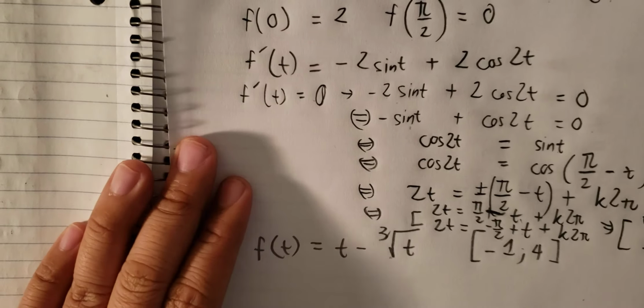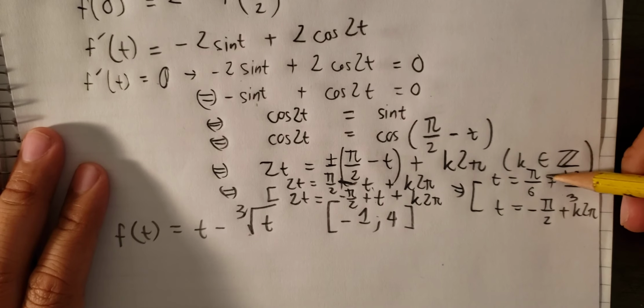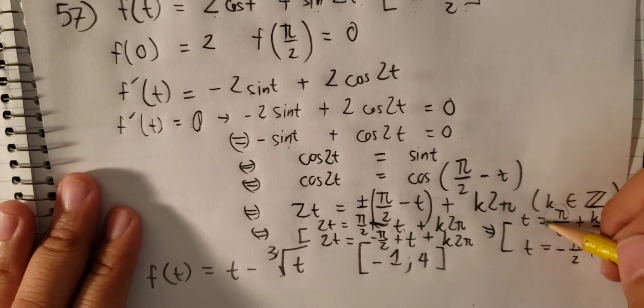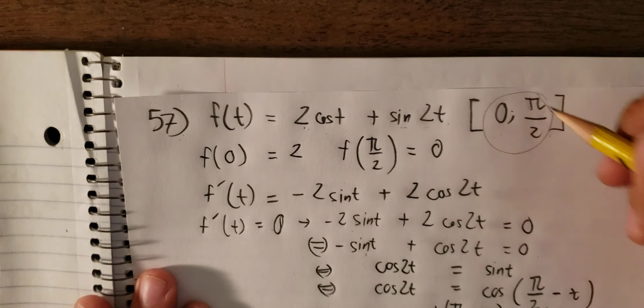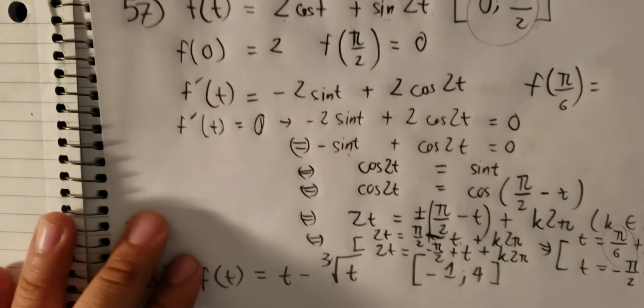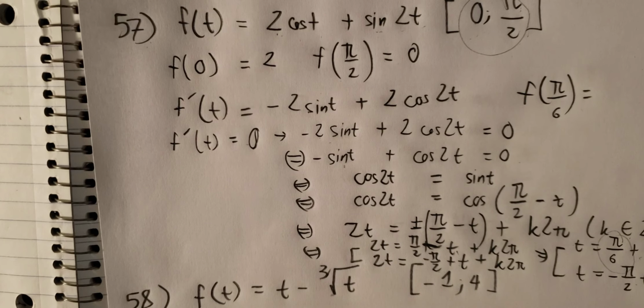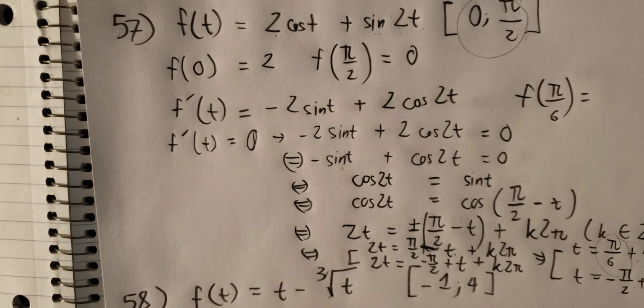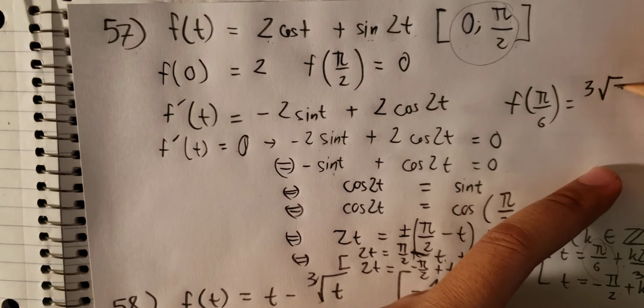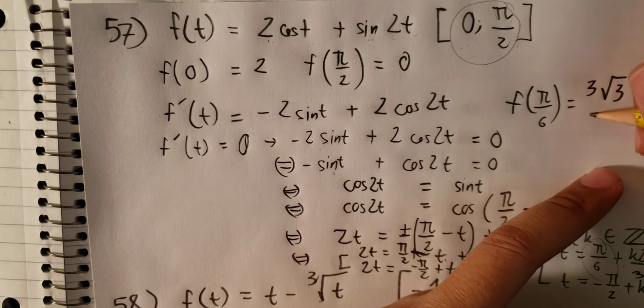The question asks for the interval from 0 to pi over 2. But here we have pi over 6 and minus pi over 2, so only pi over 6 is in this interval. So we compute f of pi over 6. You get 3 multiplied with square root of 3 divided by 2.